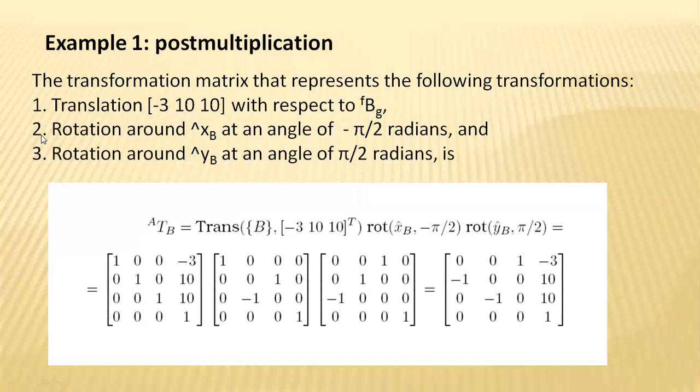In the second step, second point of the question, it is clearly specified that the orientation will be built by a rotation of minus 180 at the x-axis. So x-axis formulation is cos theta, sin theta, minus sin theta, cos theta. So here cos 180 refers to 0, 0, 1, minus 1, and 0.